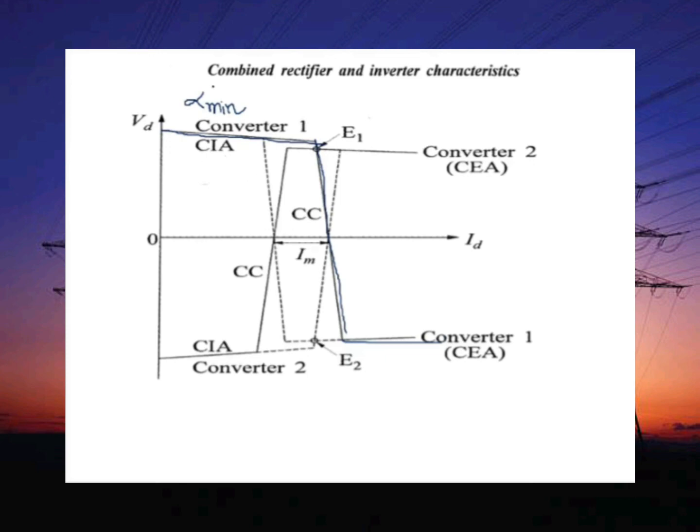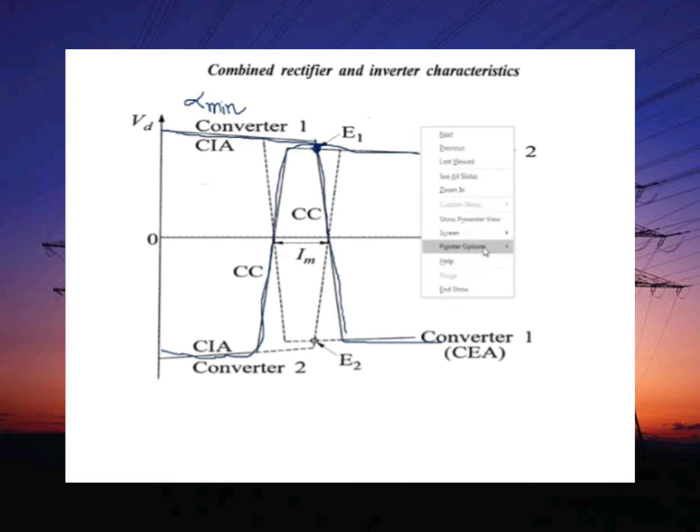The power transfer is from converter 1 to converter 2, and the characteristics are shown by the solid lines. So at that time, the power transfer is possible from converter 1 to converter 2. The operating condition in this mode of operation is represented by E1. The power flow is reversed when the characteristics are shown by the dotted line.